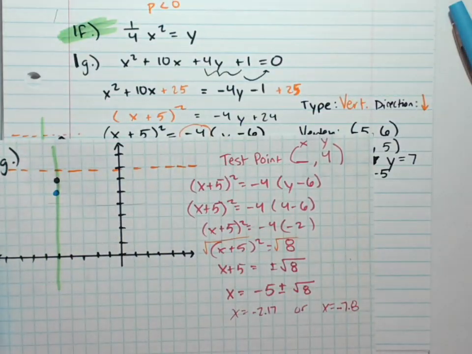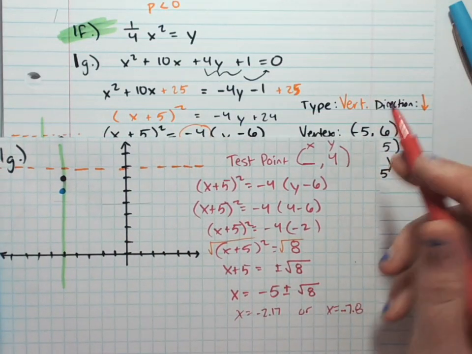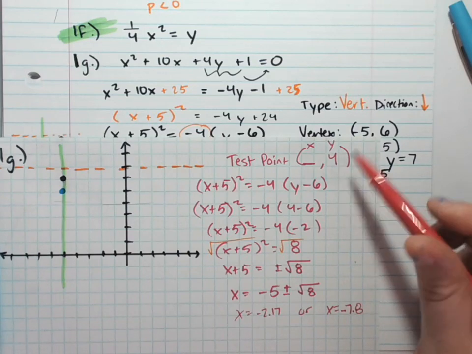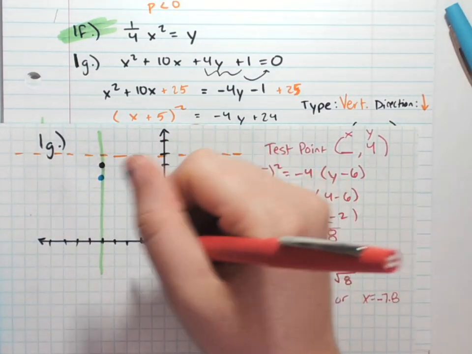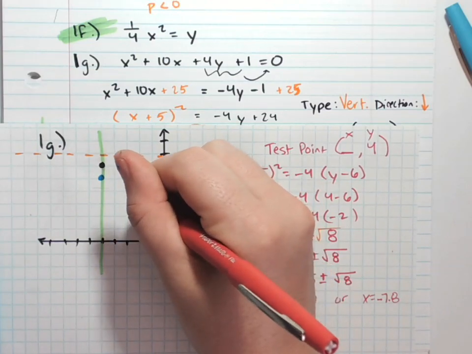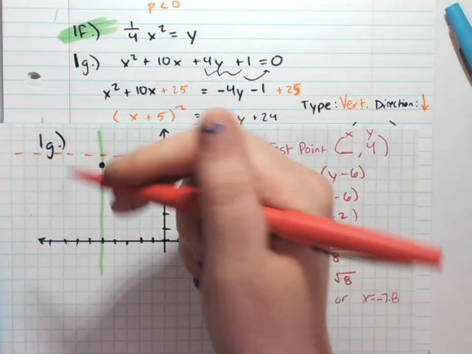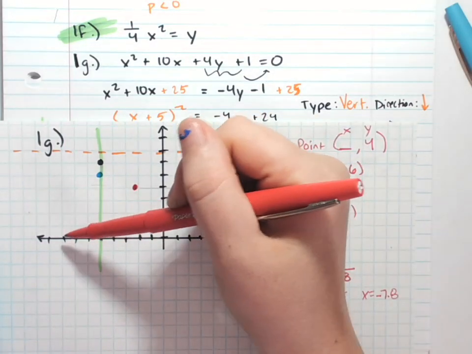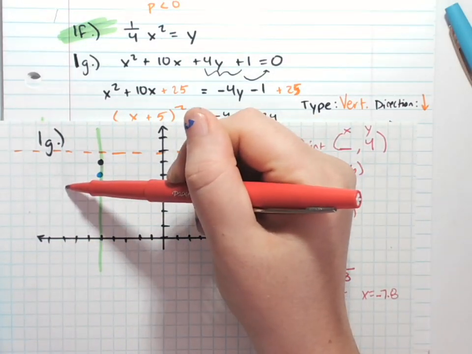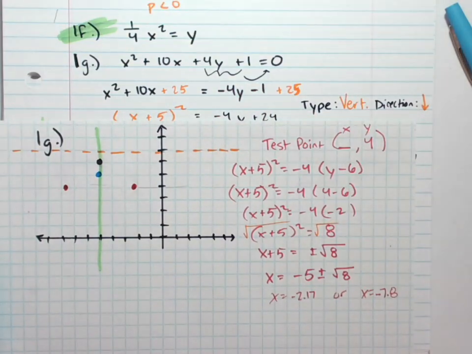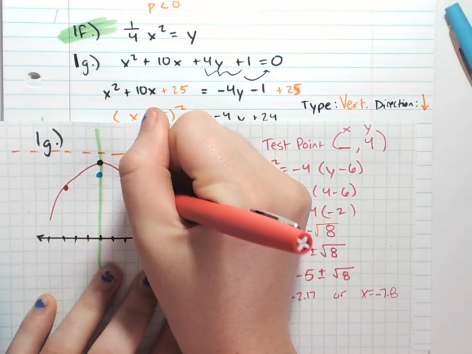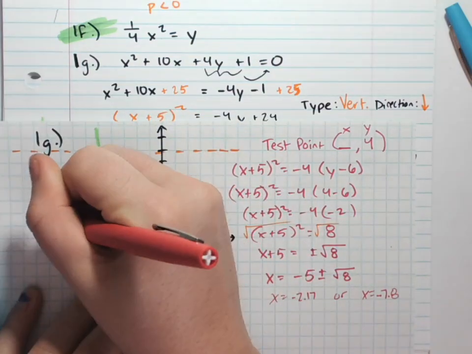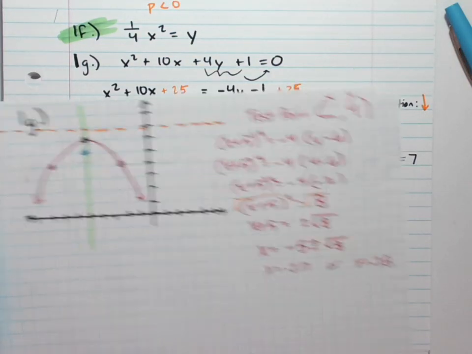Okay. So we have these two coordinates that are going to give us a y value of 4. So about -2.17-ish right there. And then -7.8-ish right there. There is my parabola. Cool.